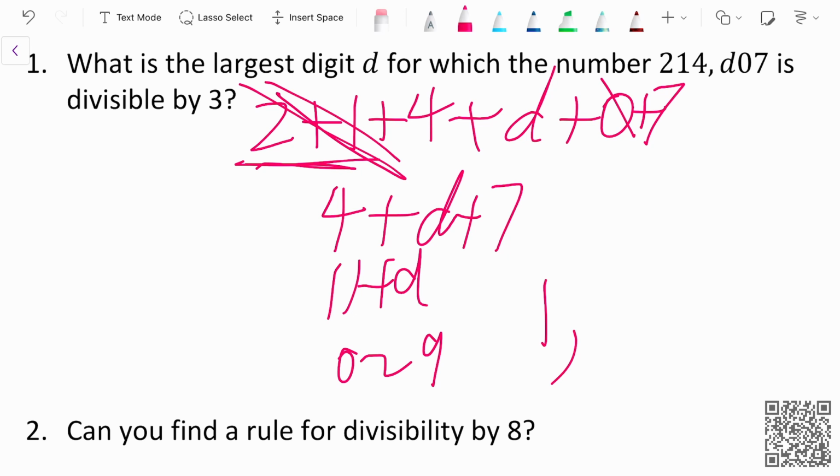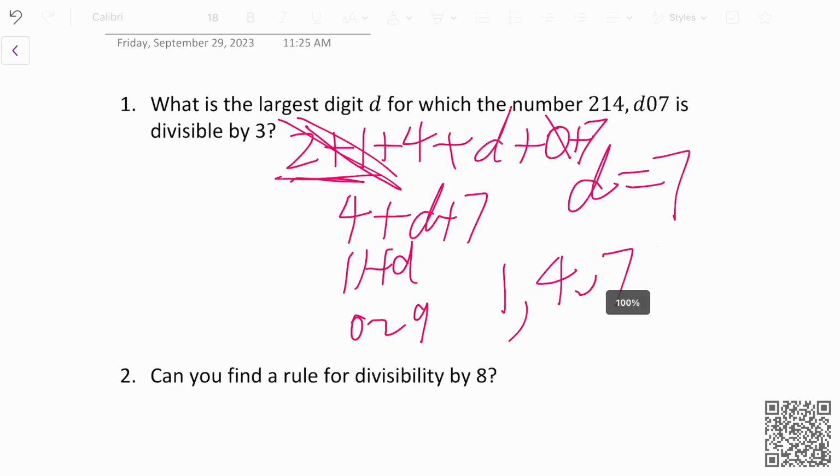The second one, you add another 3, in which you would get 4. And then 11 plus 4 is 15, also divisible by 3. And then you add another 3, which is 7. And if you add another 3 to 7, it would be 10, and that is beyond 9. And 11 plus 7 is 18. So the largest digit for D would be 7, in which it is divisible by 3.